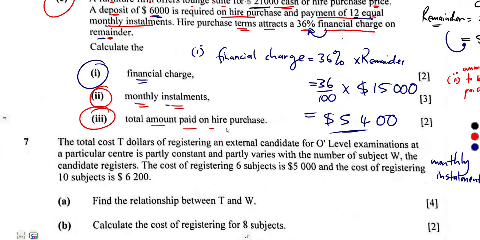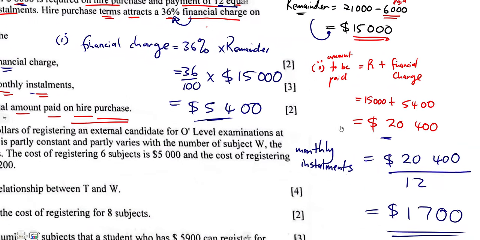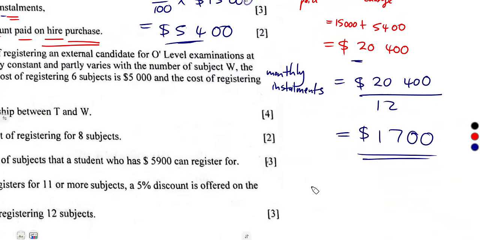Then the total amount paid on that hire purchase. What is going to be the total amount? You add everything that was paid. That is how you find the total amount. Everything that was paid: it was the deposit first. Then we have the financial charges that we considered.